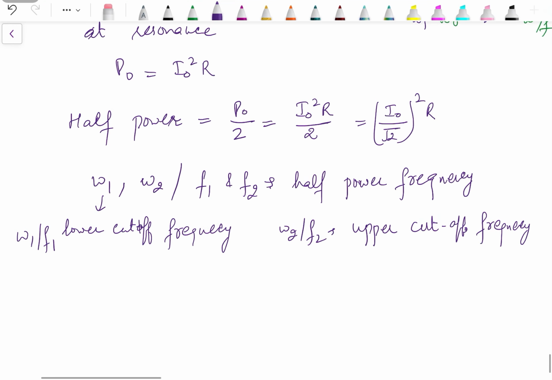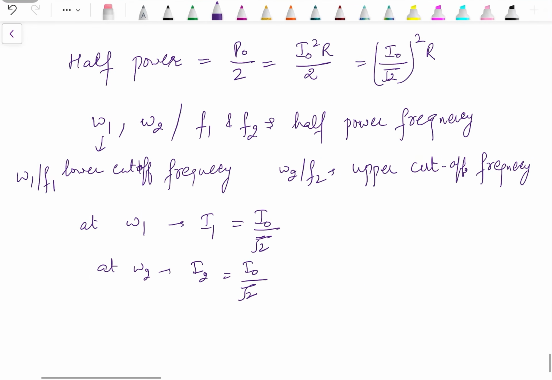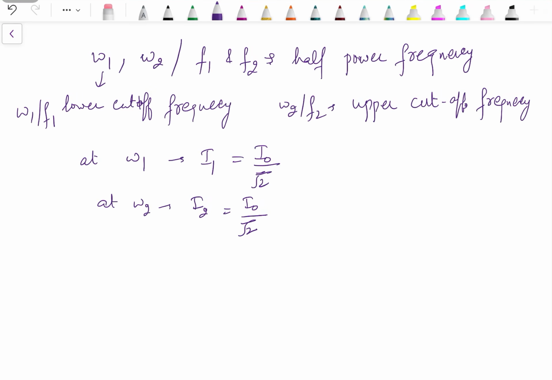Now you can derive the expressions for omega 1 and omega 2. Let's say at omega 1 current is I1, which is equal to I naught by root 2. At omega 2 current is I2, which is equal to I naught by root 2. You can calculate the power in terms of current.